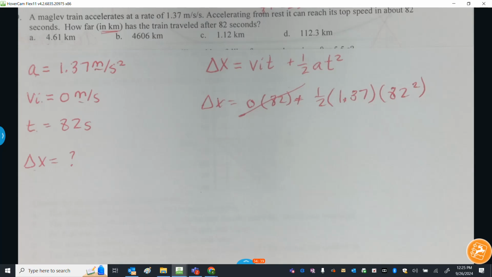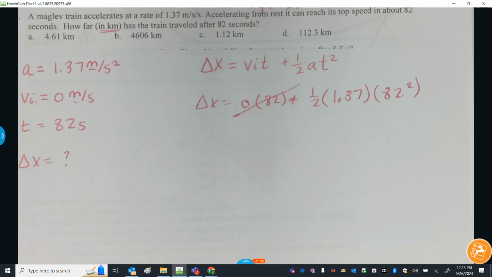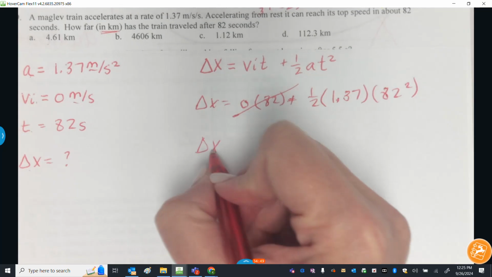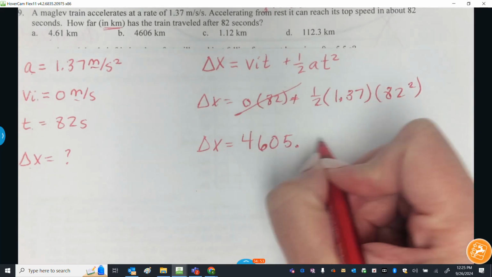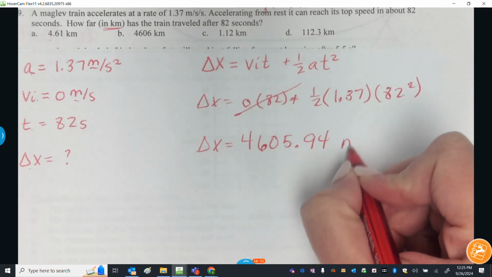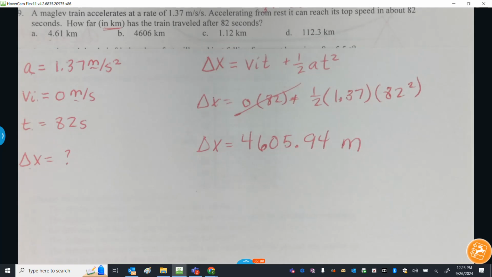Let's see, 82 squared, and then half of that, and then multiply it by 1.37. And that gives us this. Delta x equals 4605.94 meters.